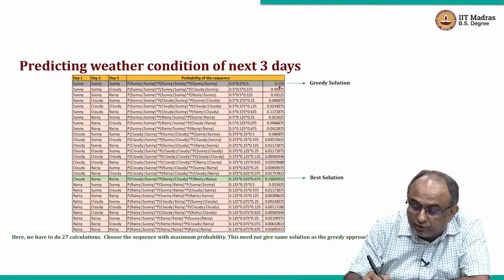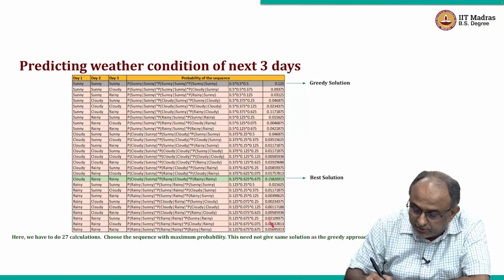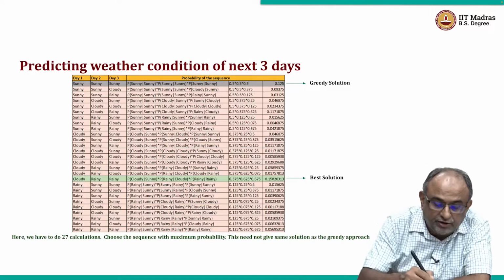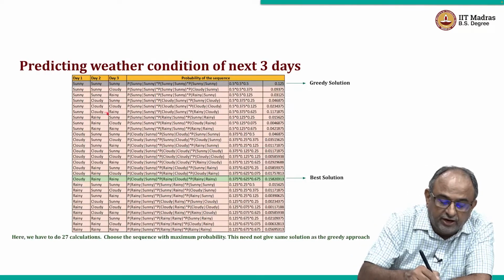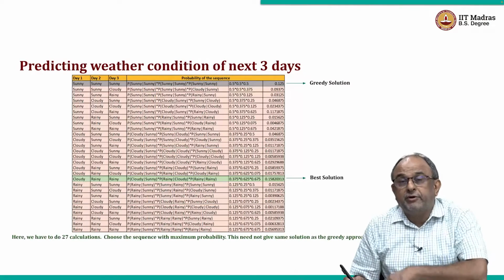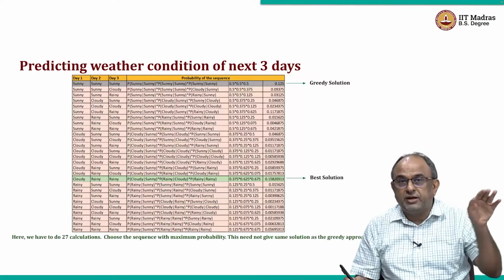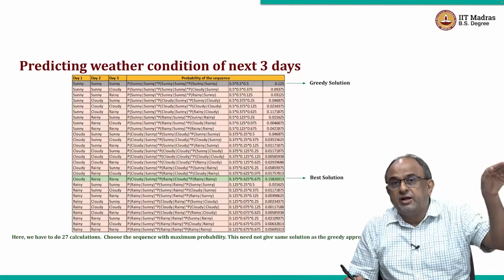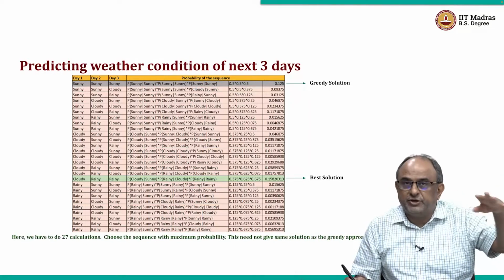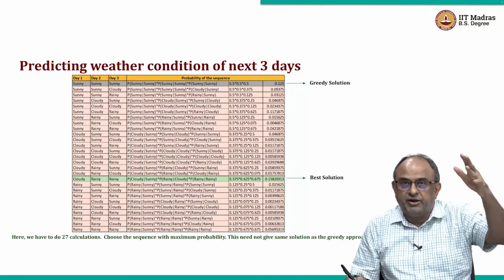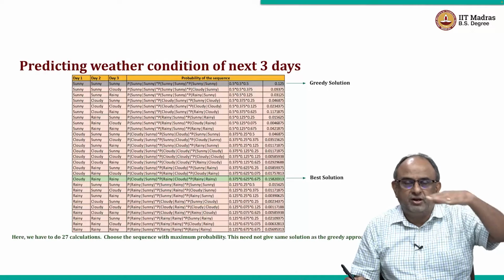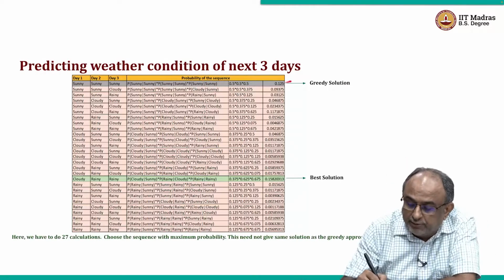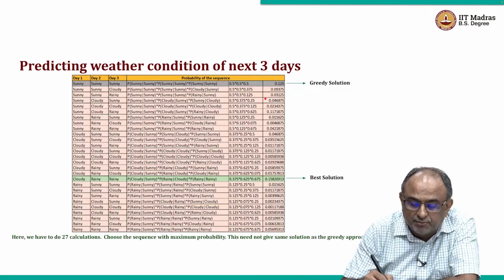We are calculating the total probabilities here. So this is the probability of each one of these 3-day forecasts. We have to compute 27 different paths or 27 different patterns of weather: sunny, sunny, sunny, then sunny, sunny, cloudy, sunny, rainy, cloudy, and so on. Then look at which one gives me the maximum probability.